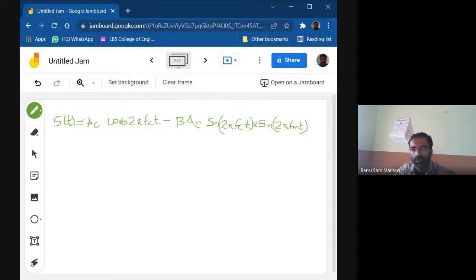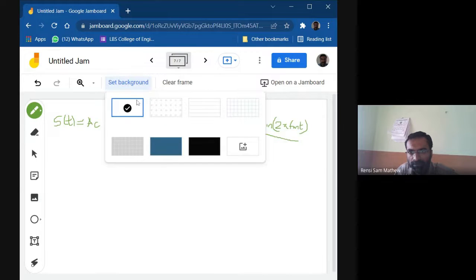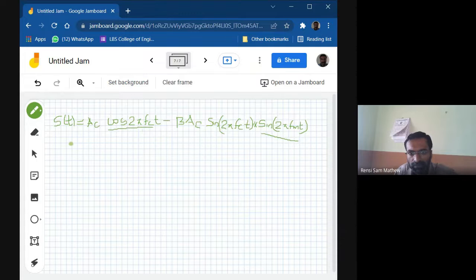So here we need to generate the carrier, and here we need to generate the message. So what we have as the block diagram is, we use a crystal oscillator.